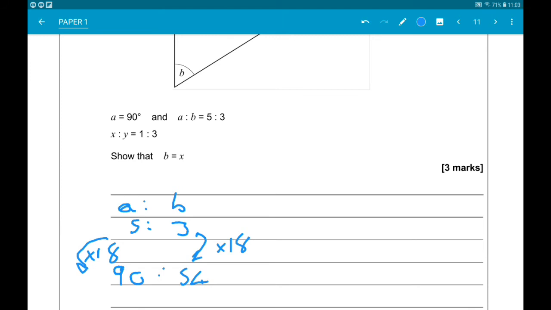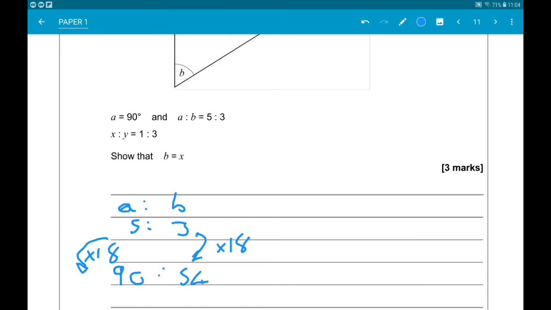Now, what do we do about X and Y? Well, we know angles in a quadrilateral add up to 360. So we're going to add A and B and then subtract that from 360.